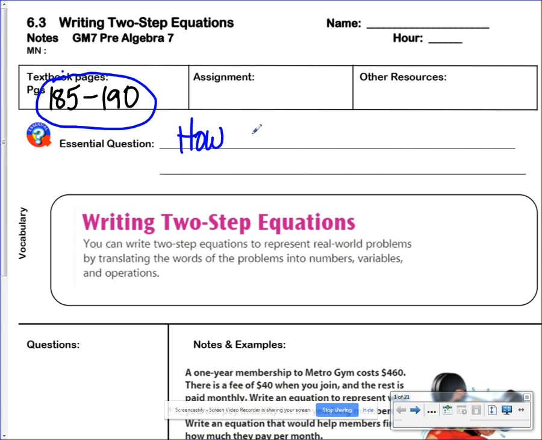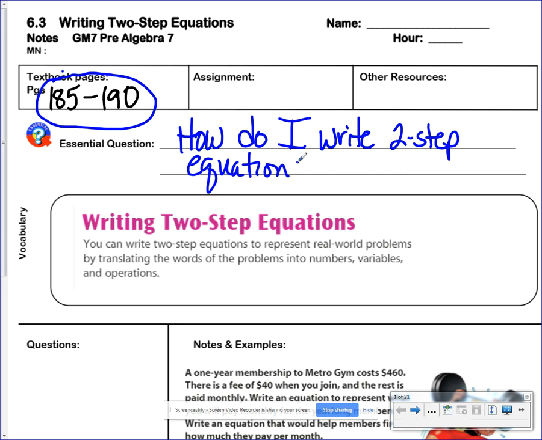And our essential question today: how do I write two-step equations? Now, I've mentioned before, the 7th grade math standards, there are several of them, and a lot of it is about interpreting real-world situations or word problems and translating that into math.